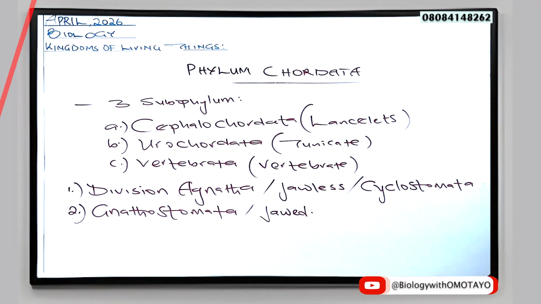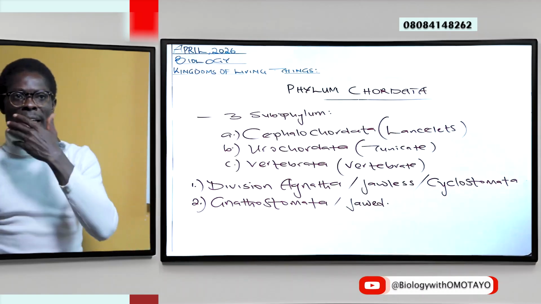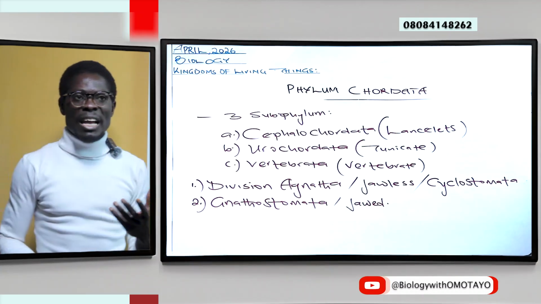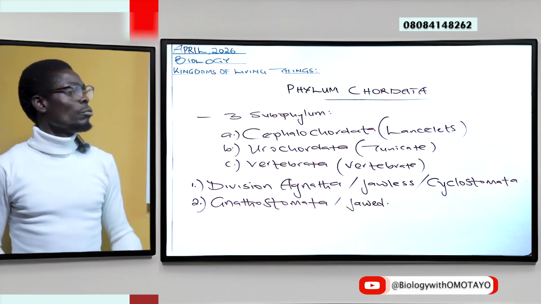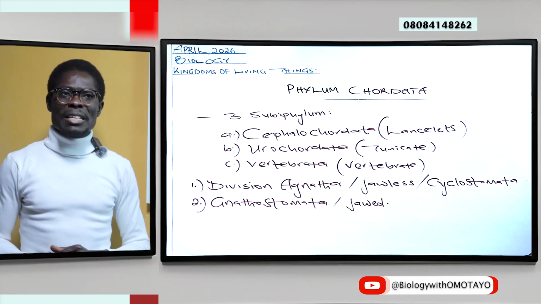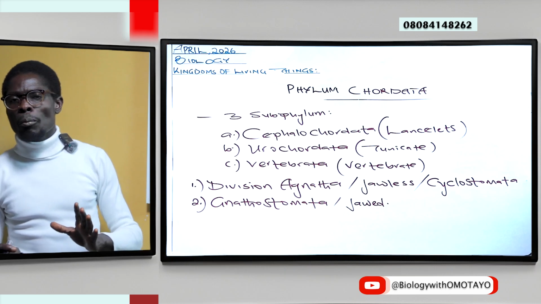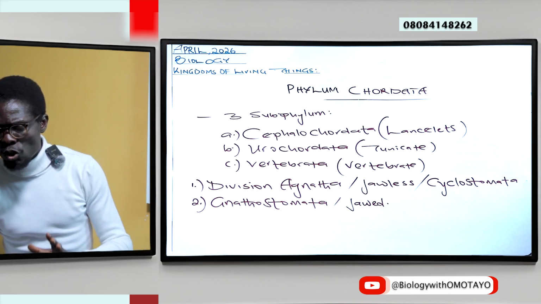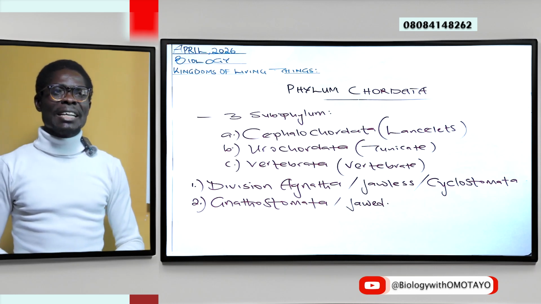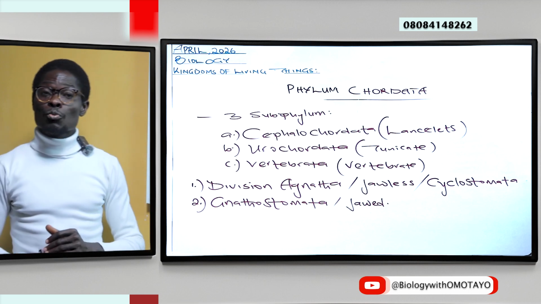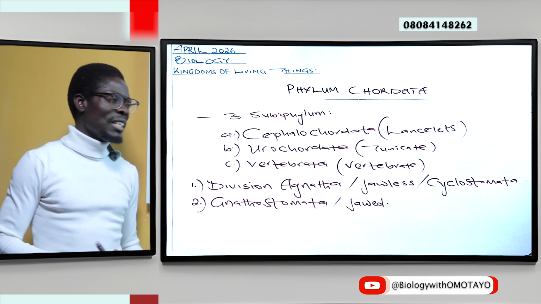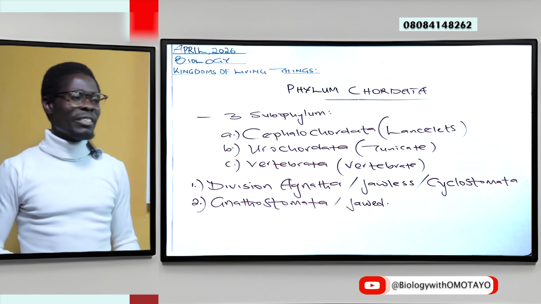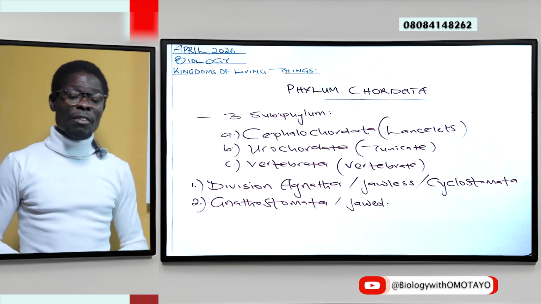For the jawless organisms, we have organisms that are basically just without jaws. But for the Gnathostomata, we have a couple of other subdivisions. That is where we have the Pisces with fins, the Amphibia, the Reptilia, and then the Aves.